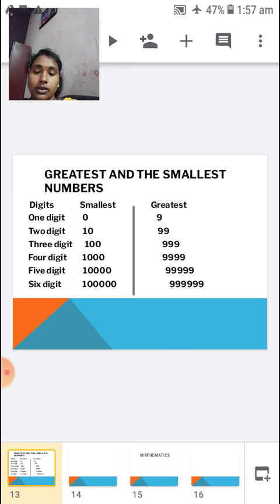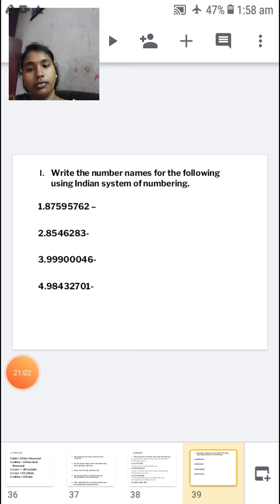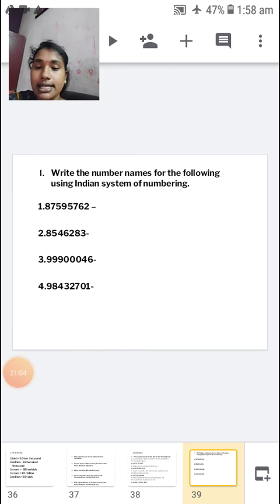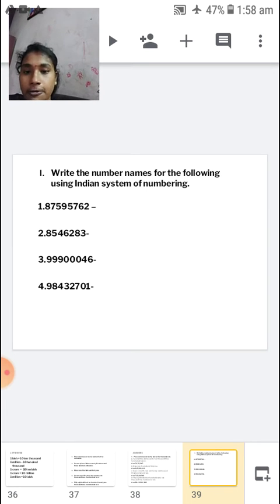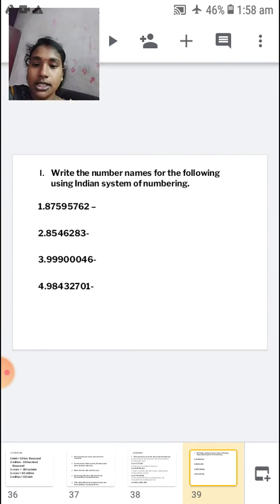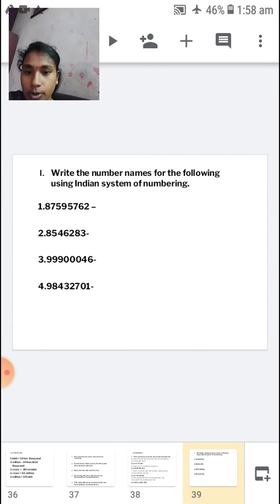Okay, so let us have a small activity, children. Write the number names for the following using the Indian system of numbering. So we have 8, 7, 5, 9, 5, 7, 6, 2 in the first question.